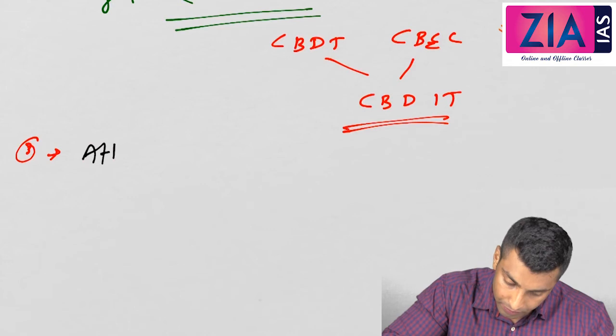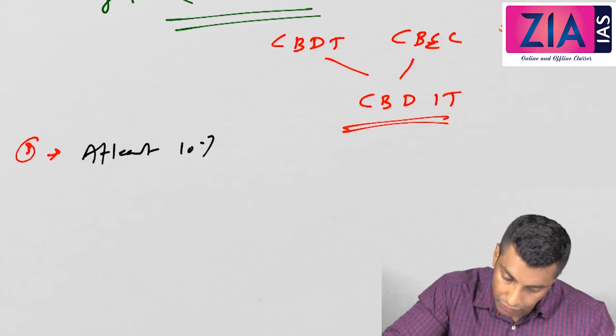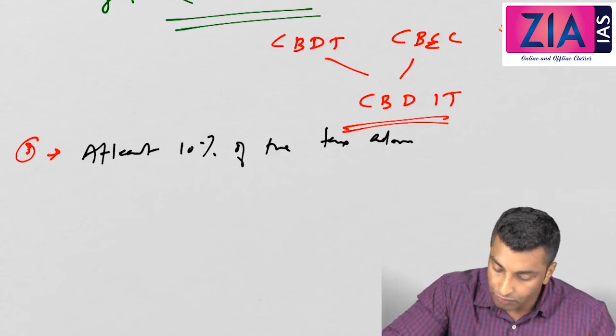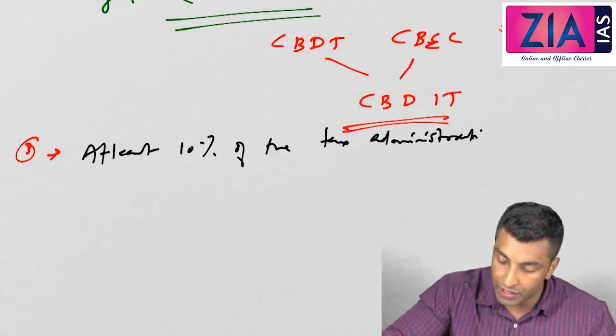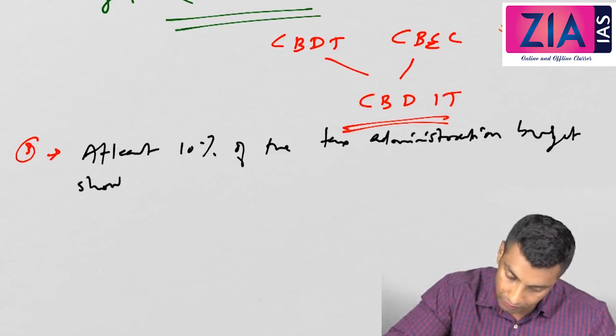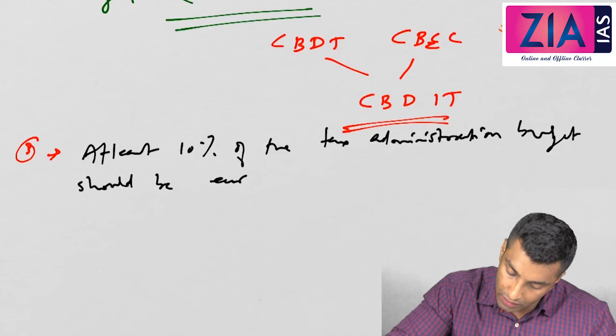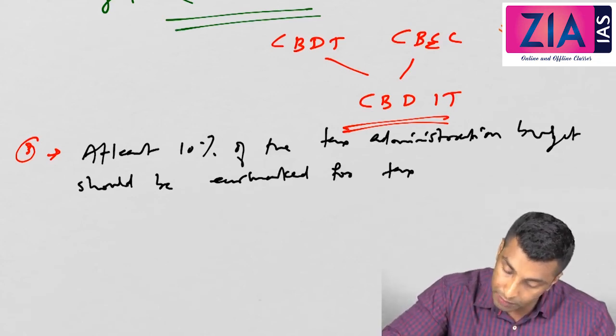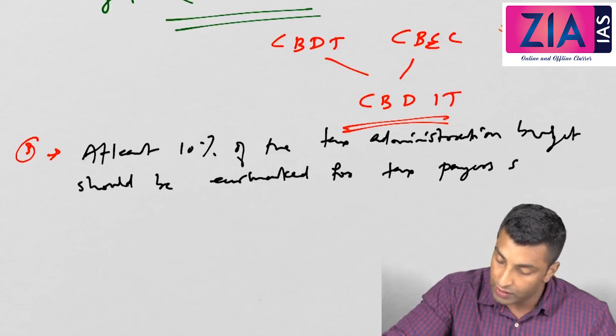at least 10% of the tax administration budget should be earmarked for taxpayers' services.